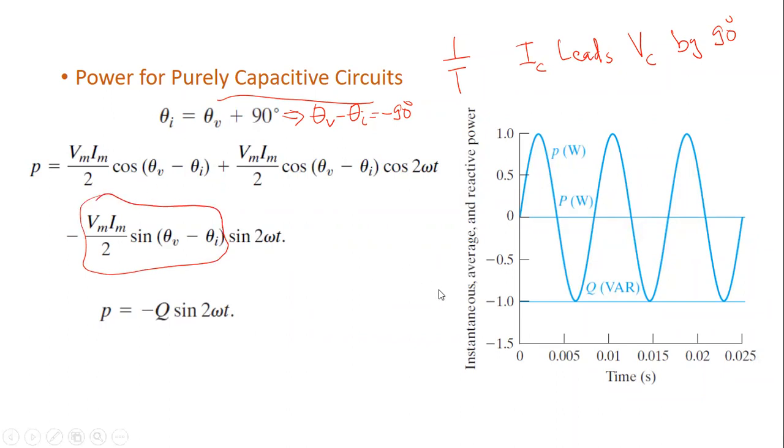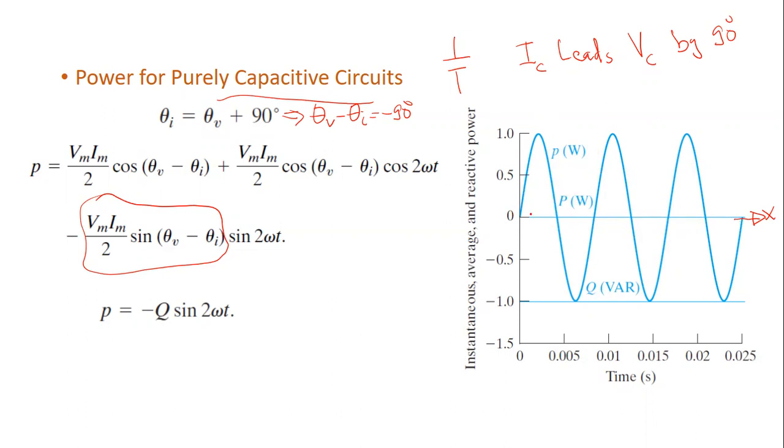If we draw this sinusoid on the graph, this is the x-axis. We see that this sinusoid with a double frequency is symmetrical with respect to the x-axis.